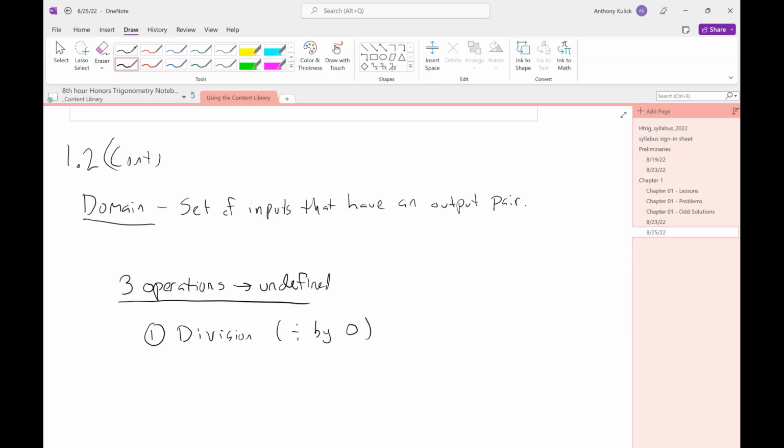Great. That's an oldie, right? That's like a pre-algebra idea. But you dealt with it last year when you dealt with rational functions as well, right? What else? The other 2 are both distinctly Algebra 2 topics.